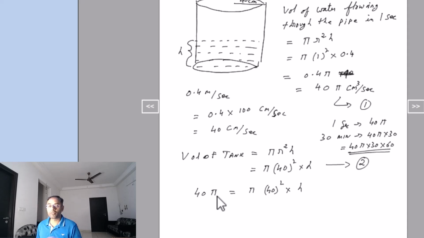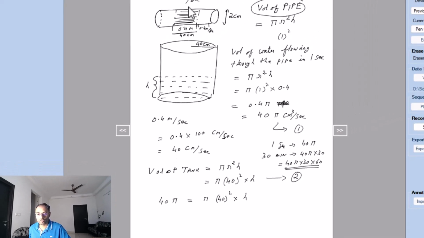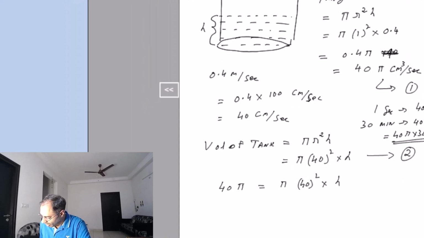So this would be the volume of the water flowing through this pipe in 30 minutes. So if I put the 30 into 60 over here, this will now be the volume of the water flowing through the pipe in half an hour.